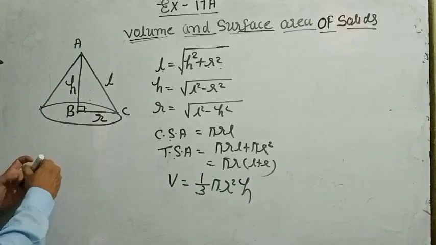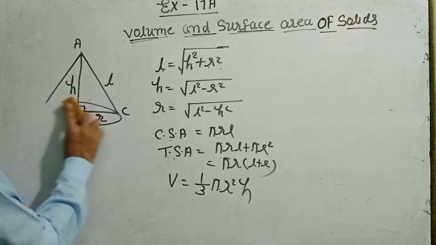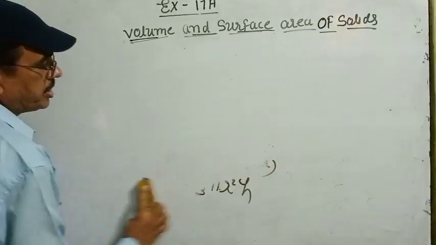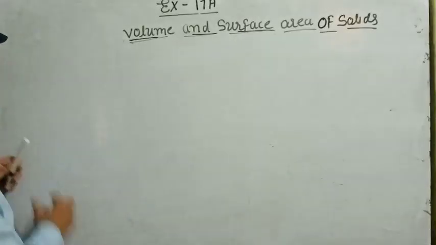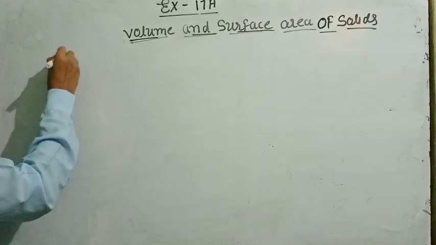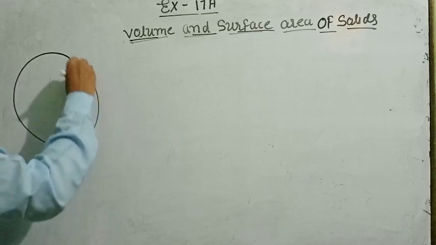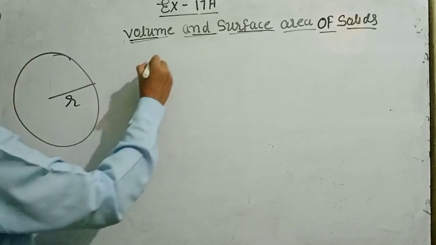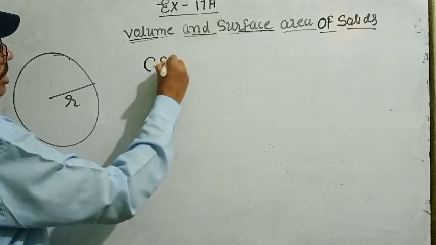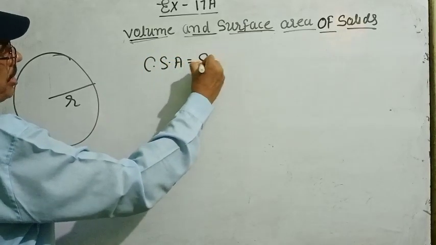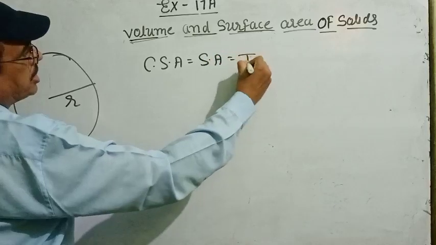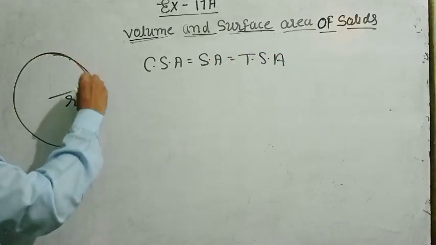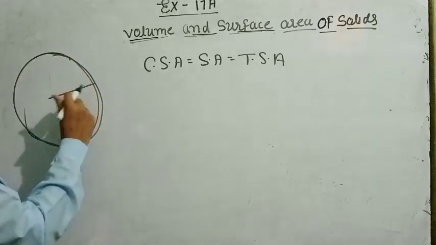And lastly, you have to find the sphere and hemisphere. A sphere is like a football, and half of the football is a hemisphere. It is a three-dimensional figure, but it looks like a circle on the board. Here is R. CSA, SA and TSA are all the same because it is all a curved surface, so it is curved surface area.